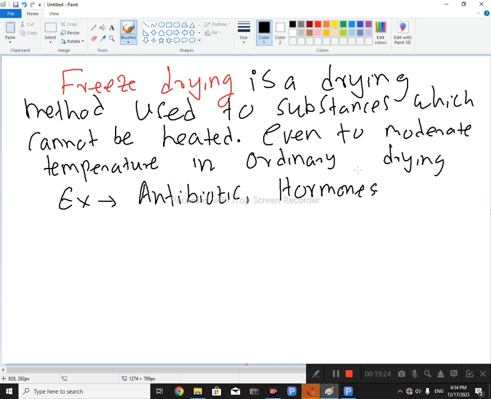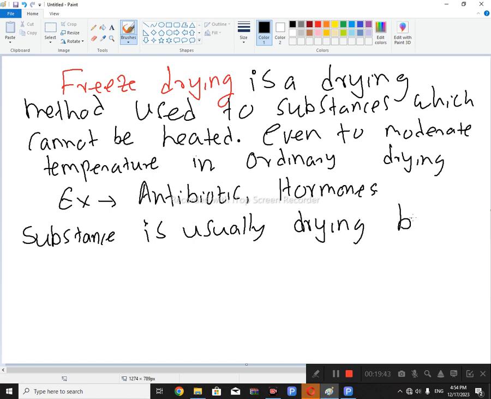In freeze drying, the substance is usually dried by very cold air.